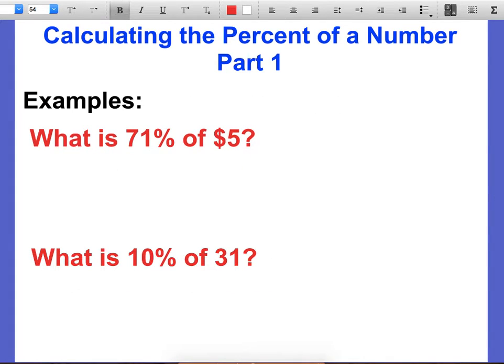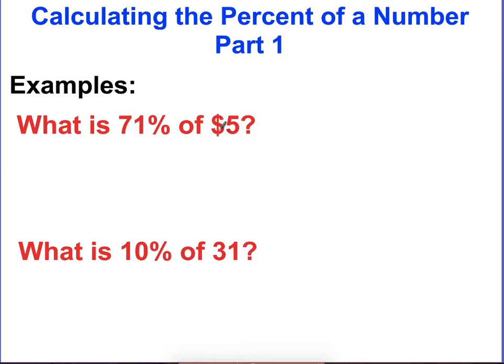Some examples. What is 71% of $5? So first, to help us, we're going to take that 71% and we're going to convert it to a decimal. So divide by 100, move the decimal 2 spaces to the left. I have 0.71. And this means that we're going to multiply it by that value.